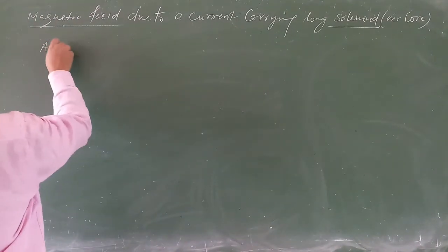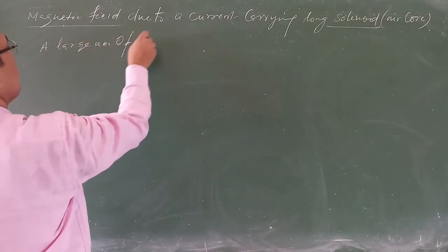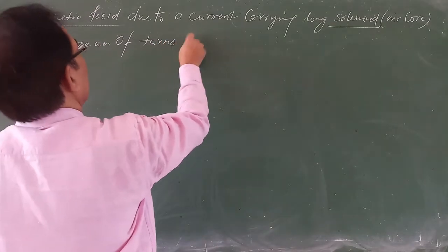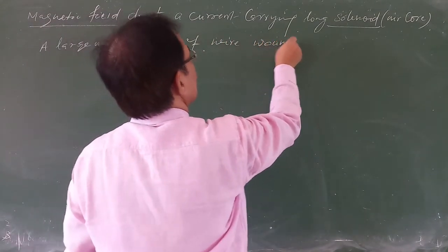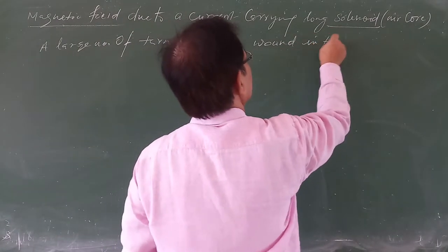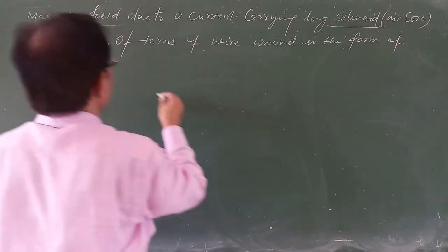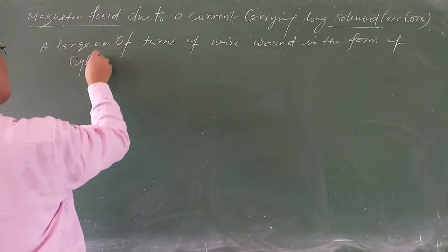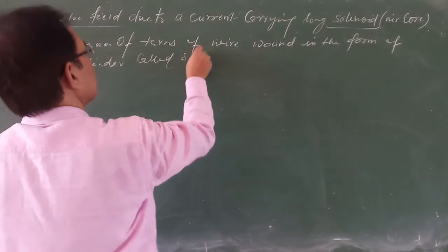A large number of turns of wire or coil wound in the form of a cylinder is called a solenoid.